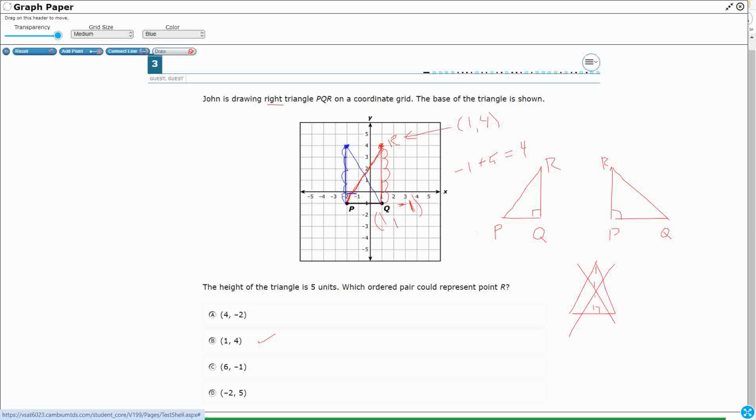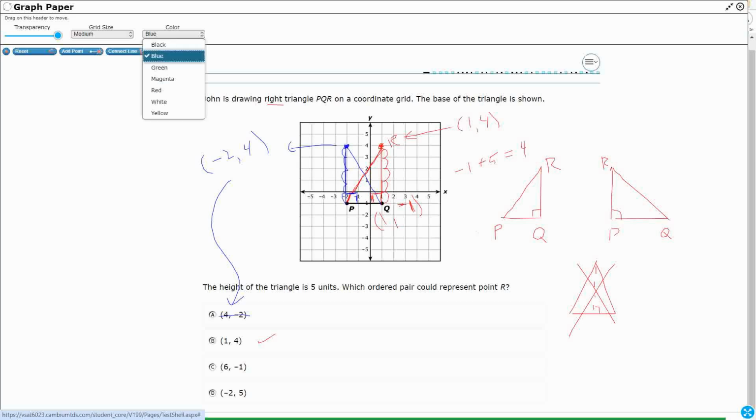Because this is also a right triangle. I'll go back and put the right angle on this one. Now let's see if this coordinate pair is there. So this is going to be x of -2, and then also that y is 4. Okay, now you notice how they flip that right there. That's not going to work. So I don't see that as an option.